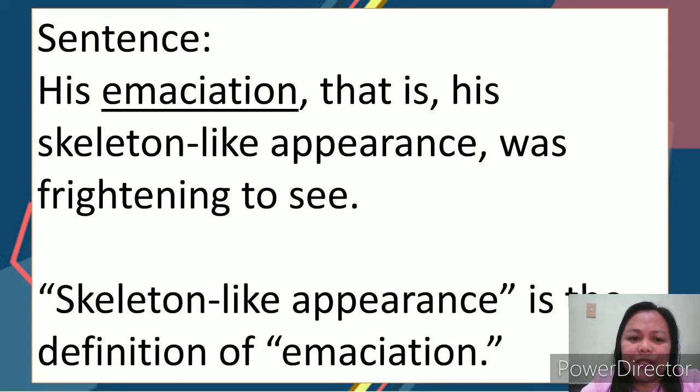You don't know what emaciation is, but then the direct statement follows, that is, skeleton-like appearance. So, skeleton-like appearance is the definition of emaciation. So that is a context clue.